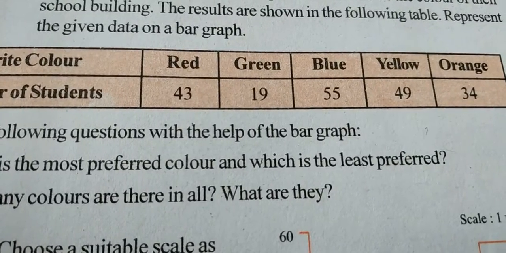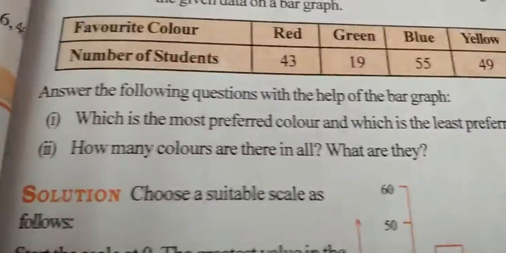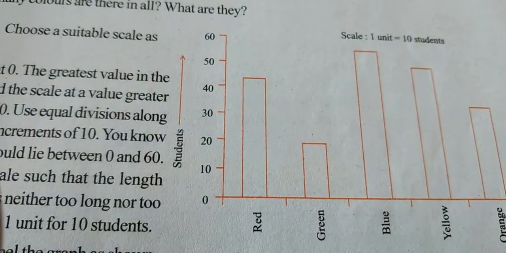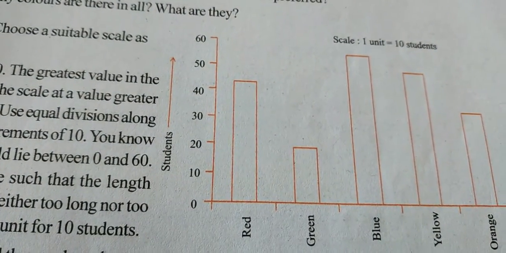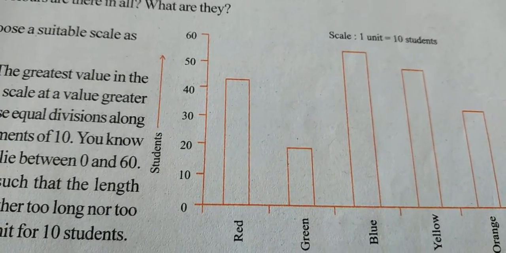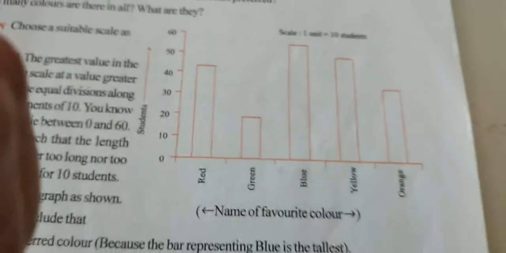Two ways, either from the given graph you have to answer the questions, or from the given table you have to draw the graph. Okay, these are the two types of questions we have to answer in the following exercise. You can have a look at this graph.